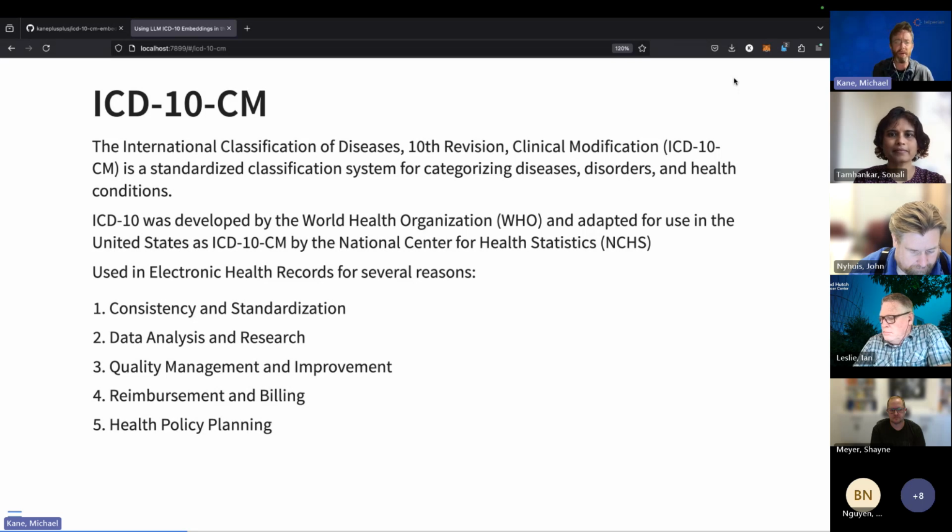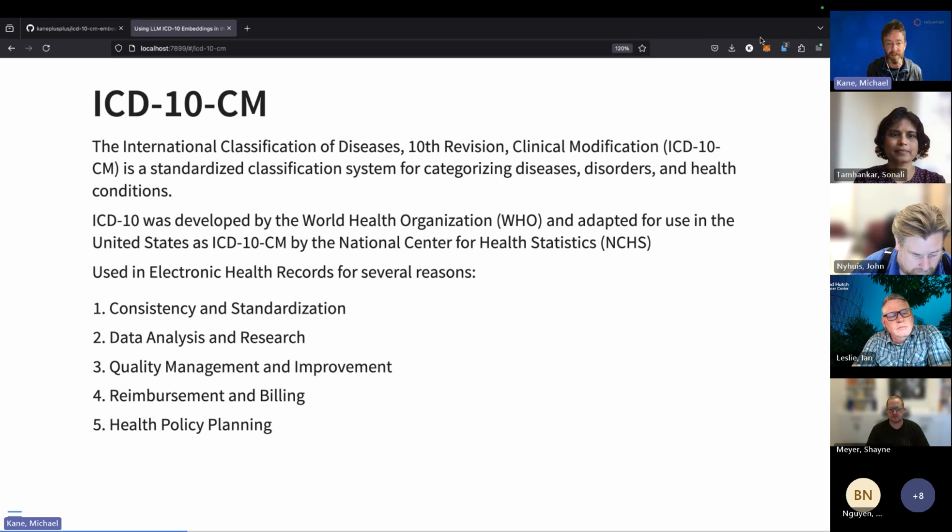So for these ICD-10 codes, as was mentioned before, this is the International Classification of Diseases. This was put out by the WHO. We're using the clinical modification for these. They're used in health records for several reasons. Clinicians tend to be really into categorizing things, and once you have those categories, you have a consistent set of diagnoses that are standardized.